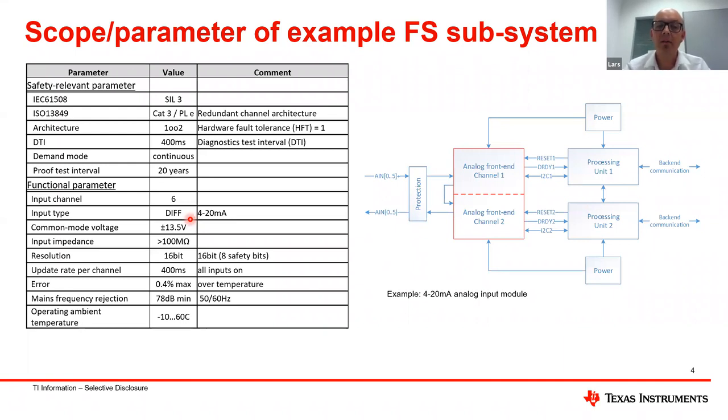The update channel rate is 400 milliseconds if all the inputs are on, and the maximum error is 0.4% maximum over temperature. The mains frequency rejection is at least 78 dB for the 50 and 60 Hertz. And finally, the operating ambient temperature is -10 to 60 degrees.